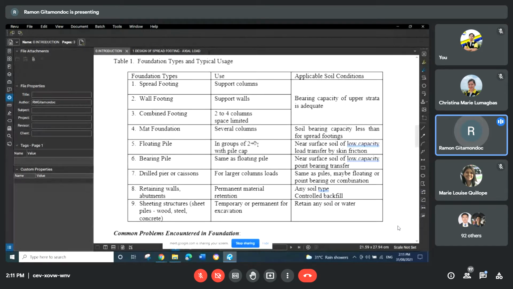So for spread footing, wall footing and combined footing, the applicable soil condition is when the bearing capacity of the upper strata is adequate. So these types fall under the category of shallow foundation, no?